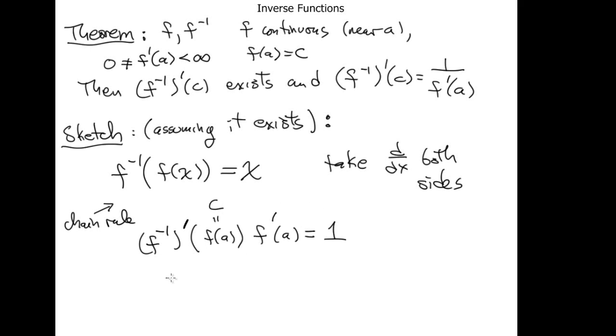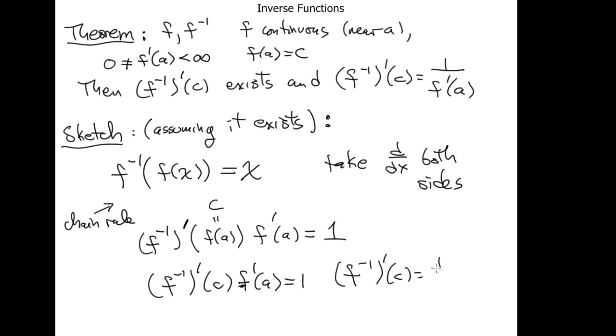So, well, let's see, f of a is c, so this says f inverse prime of c times f prime of a is equal to 1. So there you have it. f inverse prime of c is 1 over f prime of a. And that really is the proof. With just a little bit of extra care, you can prove that the inverse exists and that this formula really is right.